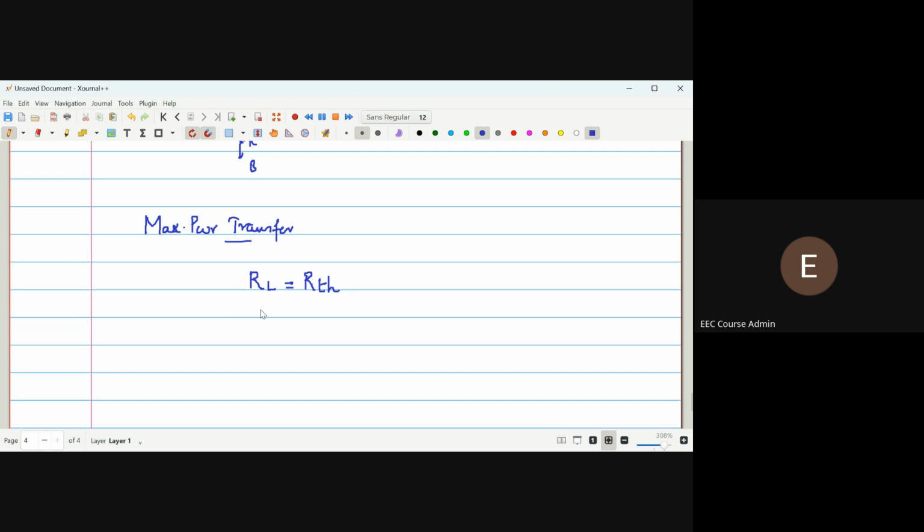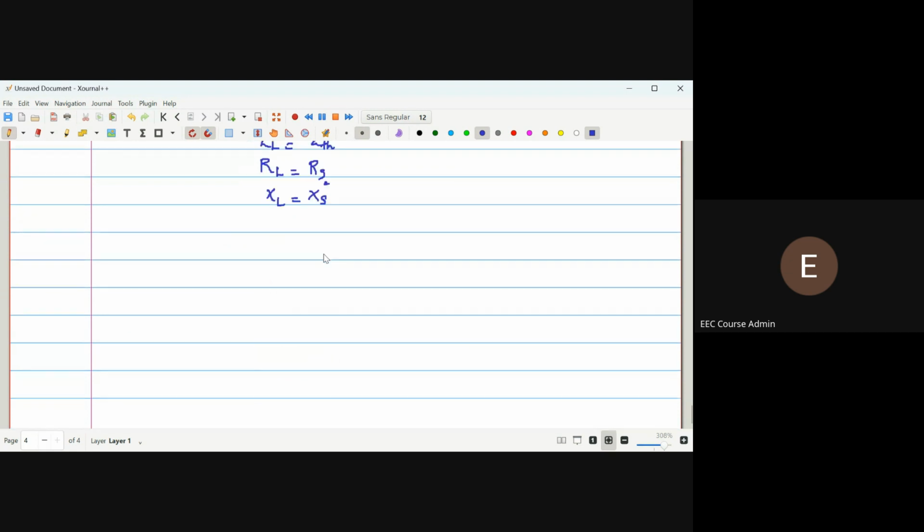In that case, ZL should be equal to ZTH. And when you have AC, you will have this to be the conjugate of that. That means the resistive part will be the same, and this XL should be the source reactance conjugate. Okay, so this is for the maximum power transfer to the load.